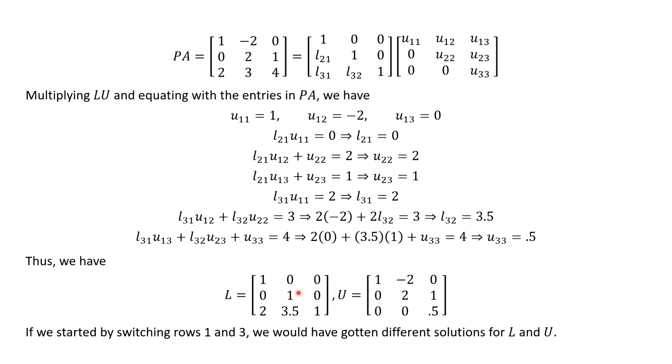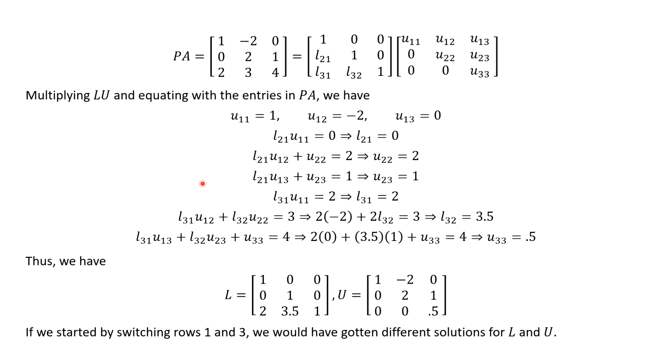Then you plug that in, you form your L and you form your U, and then L times U should give you PA. I just checked it in my head a few minutes ago, and it did work out. So L times U equals this matrix.